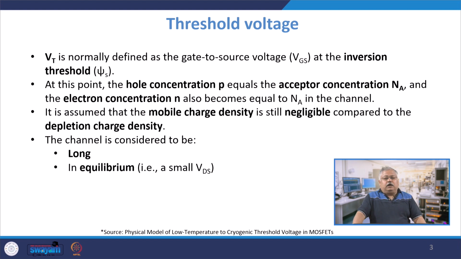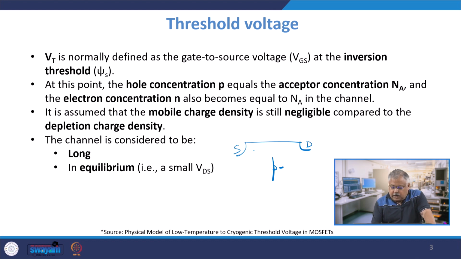By the conventional definition, threshold voltage is defined as that gate to source voltage when the channel just below the silicon dioxide interface becomes as much n type as was initially p type. So, let us start with a basic understanding and let us suppose this is my substrate with p type, this is source and drain, right, and then I put up a gate voltage here and go on increasing it.